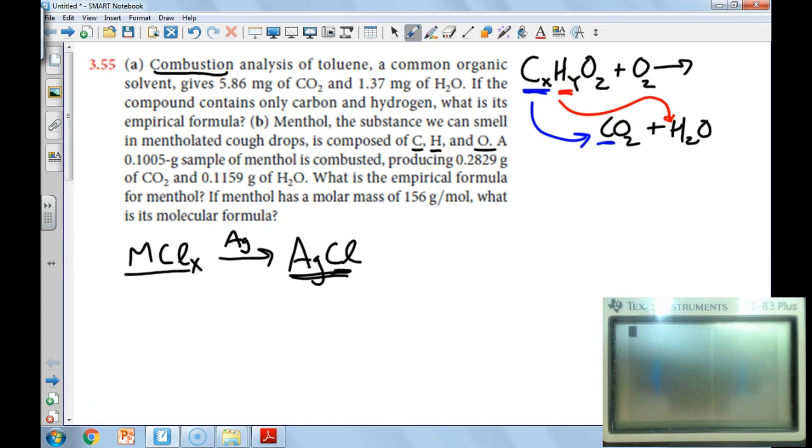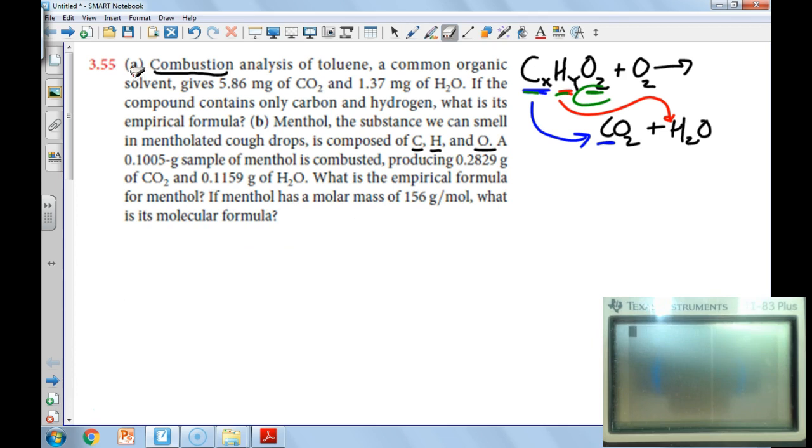The last step is finding out how much oxygen. If we know how much carbon and how much hydrogen, then the rest must be oxygen, and we can go from there. I actually really enjoy these combustion analysis problems, because it's like a puzzle to me, and once I figure it out, it feels really good.